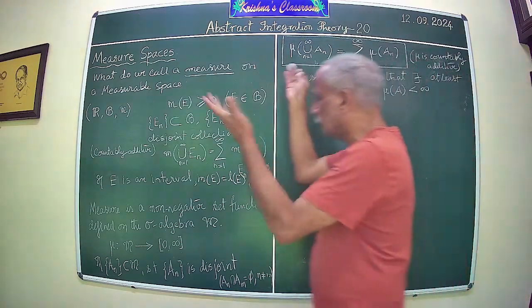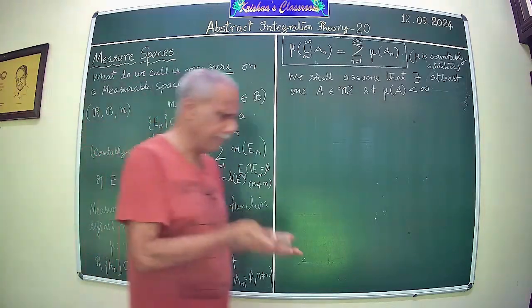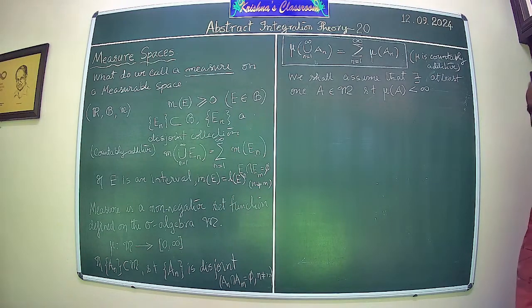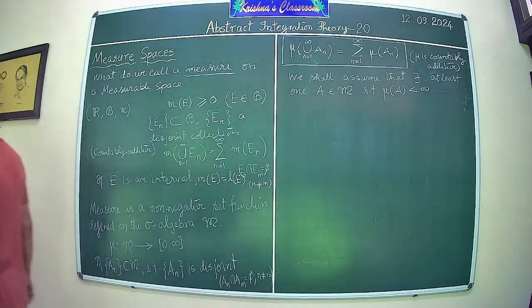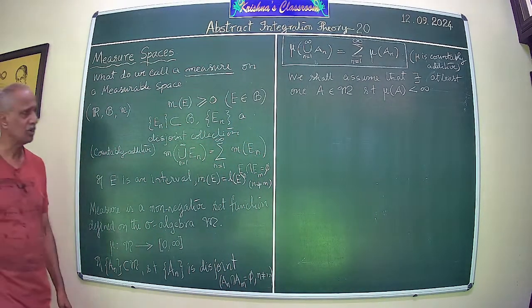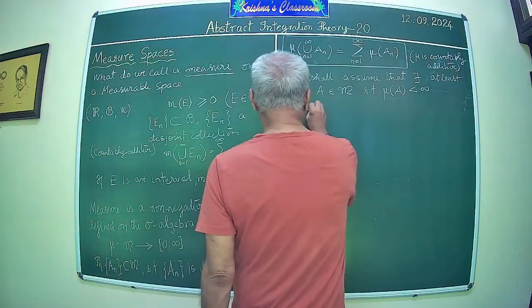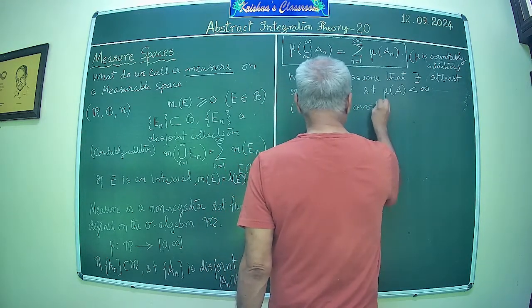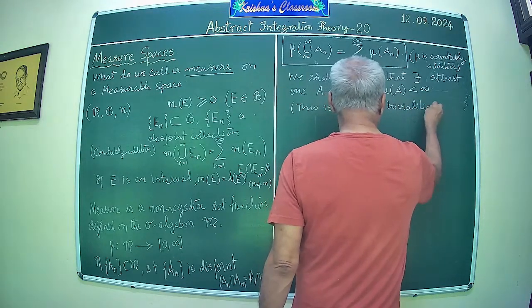Otherwise, what happens is, if on the whole of M mu takes the value infinity, then it doesn't serve any purpose. For the future work of developing integration, that does not serve any purpose. This is to avoid trivialities.